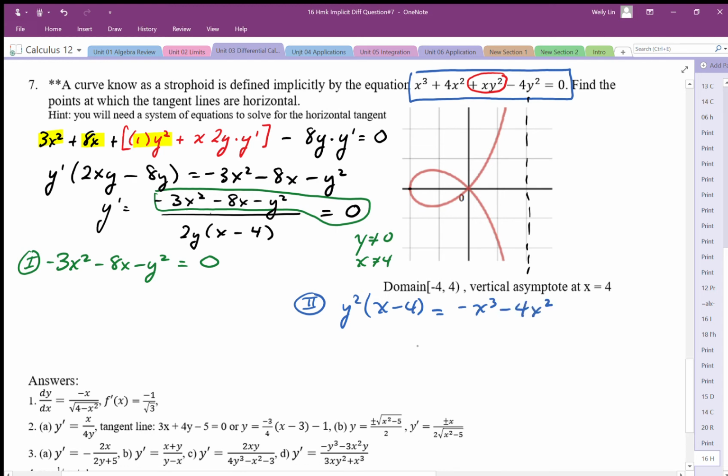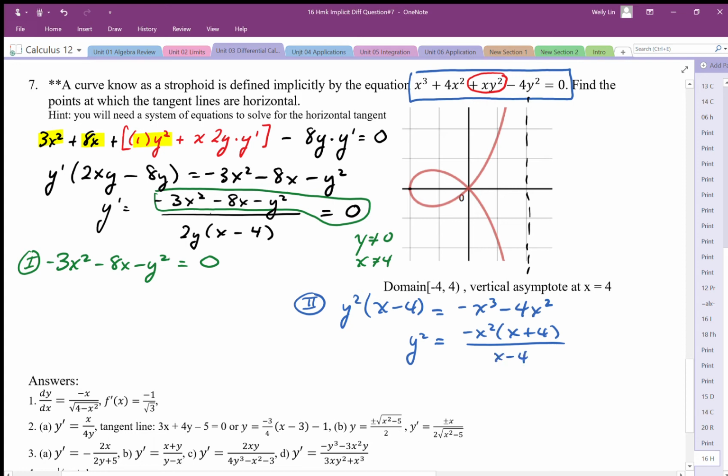Solving for y squared, I factor the -x squared out, I end up with x plus 4, and then divided by x minus 4.